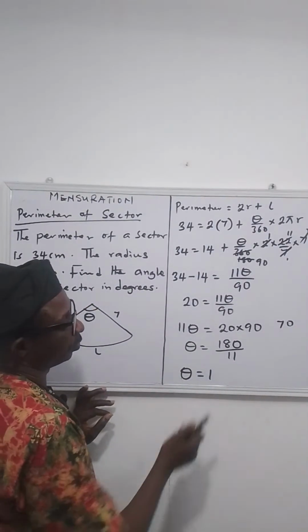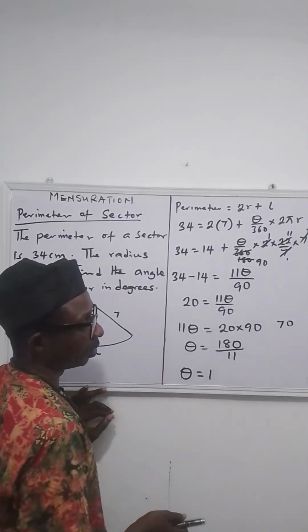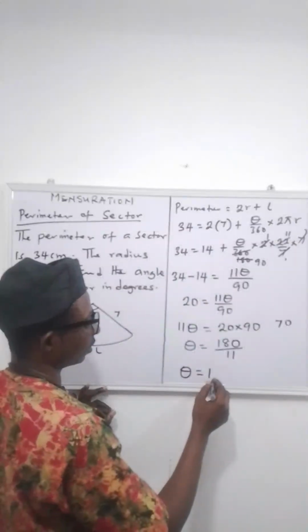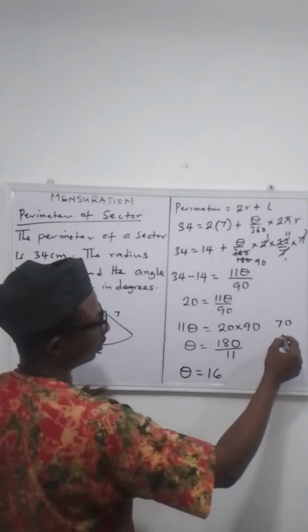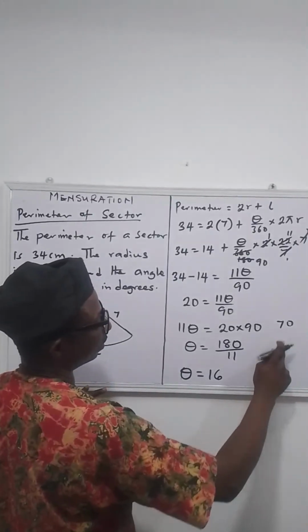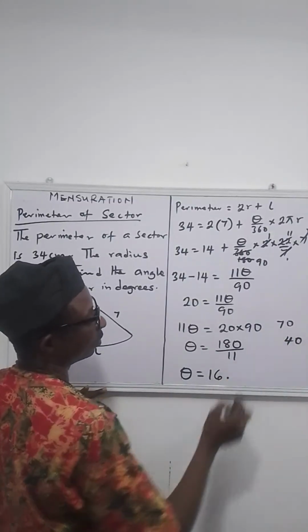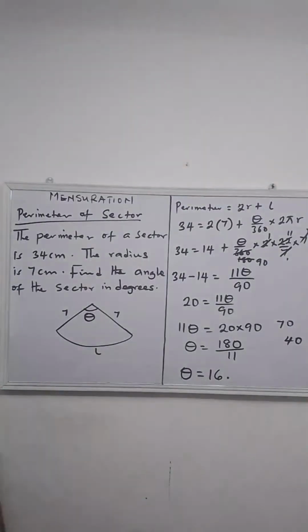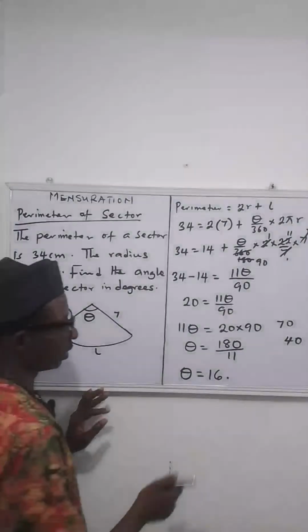Now you put that 7 in front of 0, so 11 goes in 70, that is 6. It remains 4, sorry. Then you put 0 at the back. 11 goes in 40, that is 3.